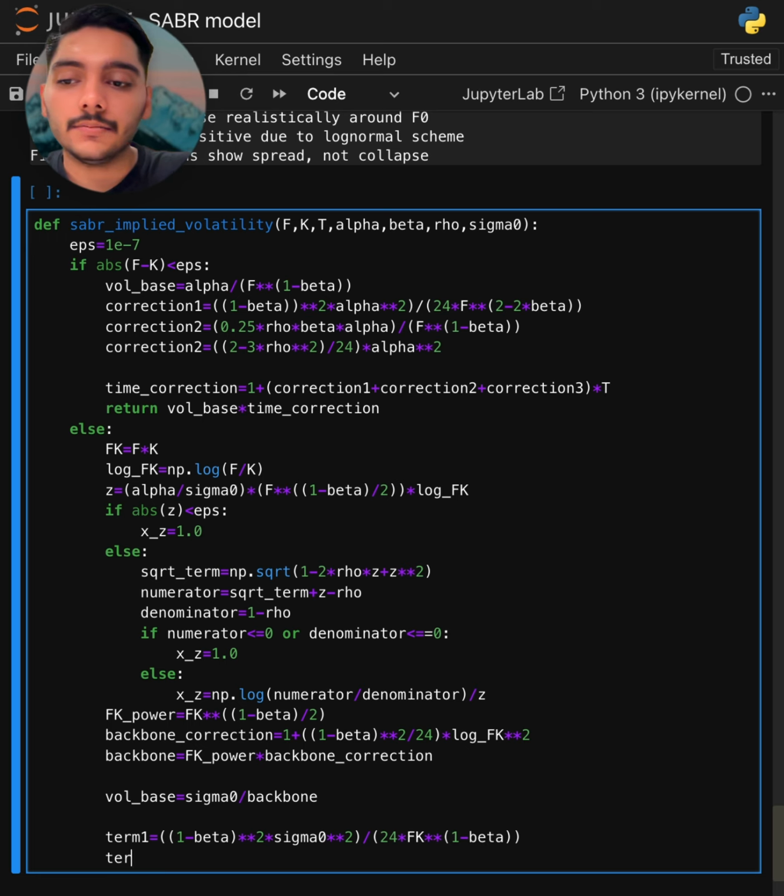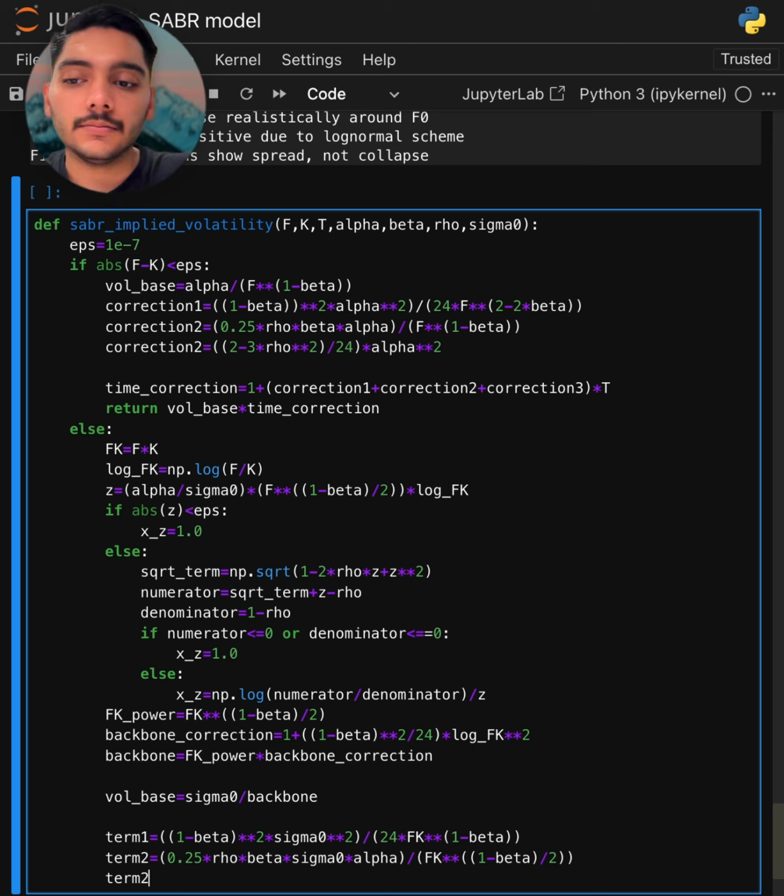And term 2 will become something like this: 0.25 into rho into beta into sigma naught into alpha, divided by fk to the power (1 minus beta), which will be divided by 2.